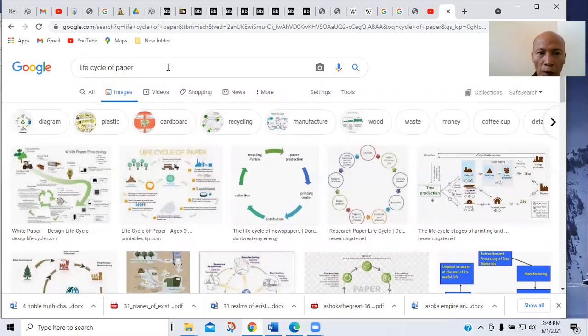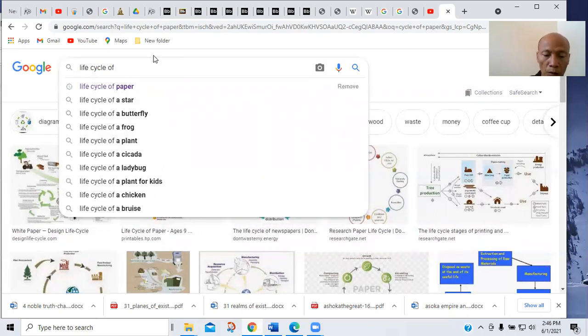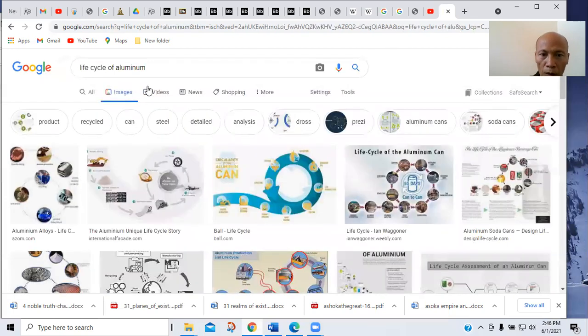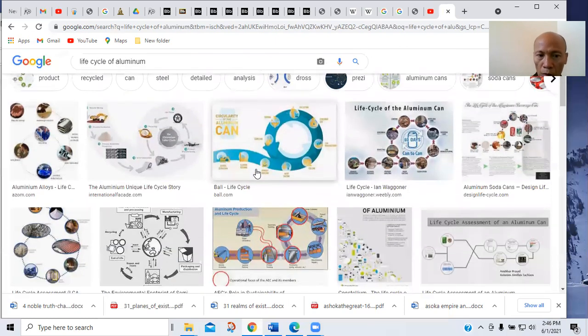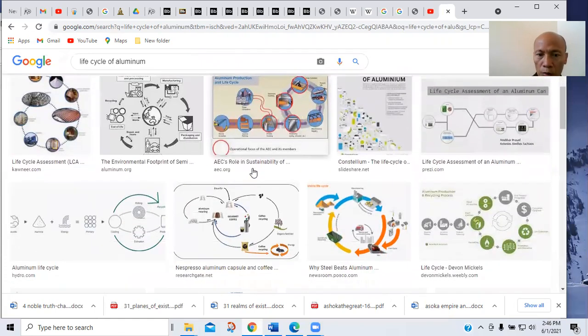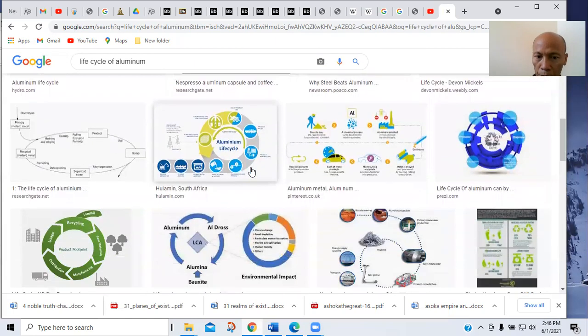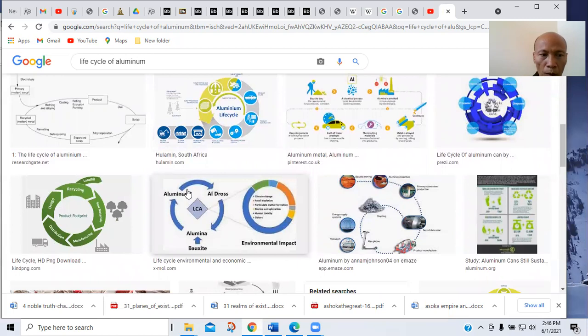That's the life cycle of paper, and you can type anything, the life cycle of metals, aluminum, life cycle of aluminum the same way. So it goes the same cycle of production. Okay.